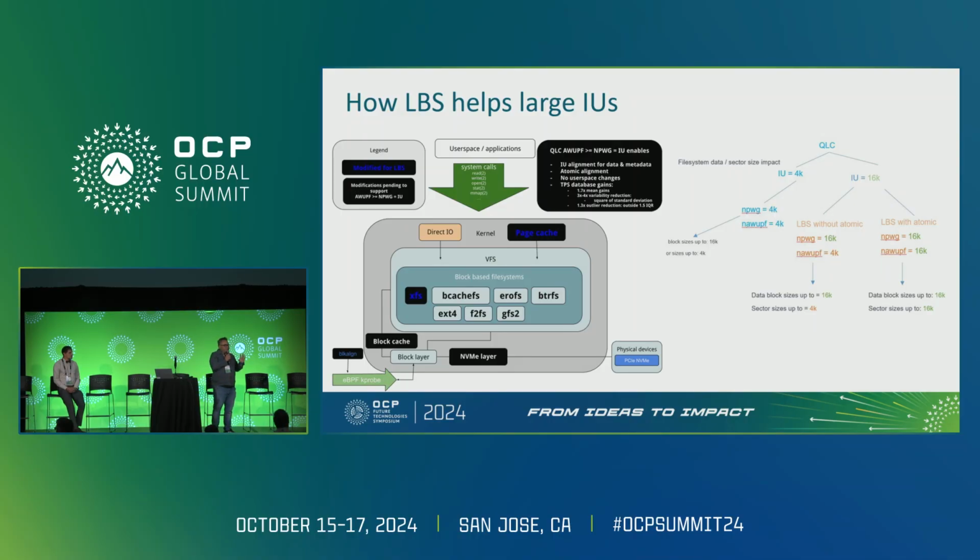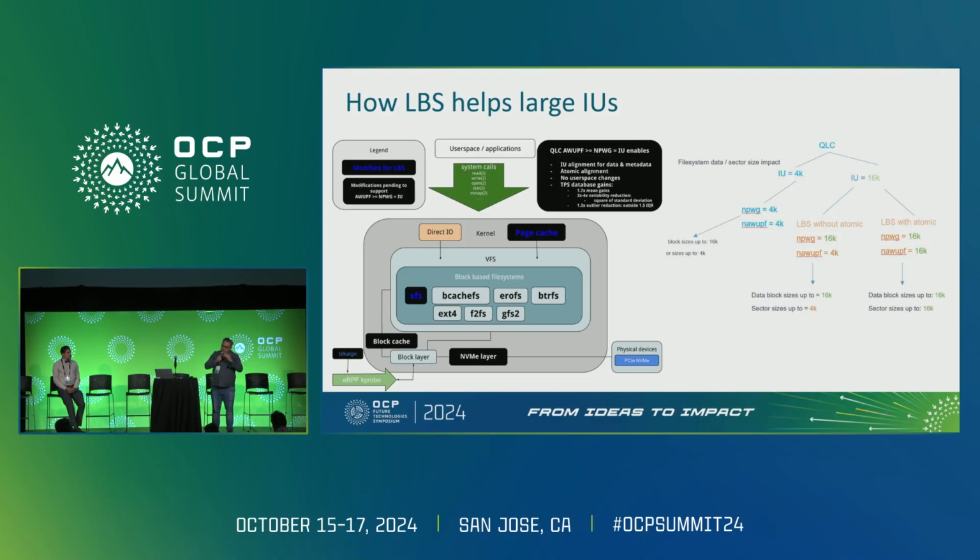Now, this may be a bit fuzzy to you, so I think it helps to think about this in a tree diagram form. On the complete left-hand side of the tree, you basically have non-large IU drives, your standard 4K IU drives with 4K block size, 4K atomic.